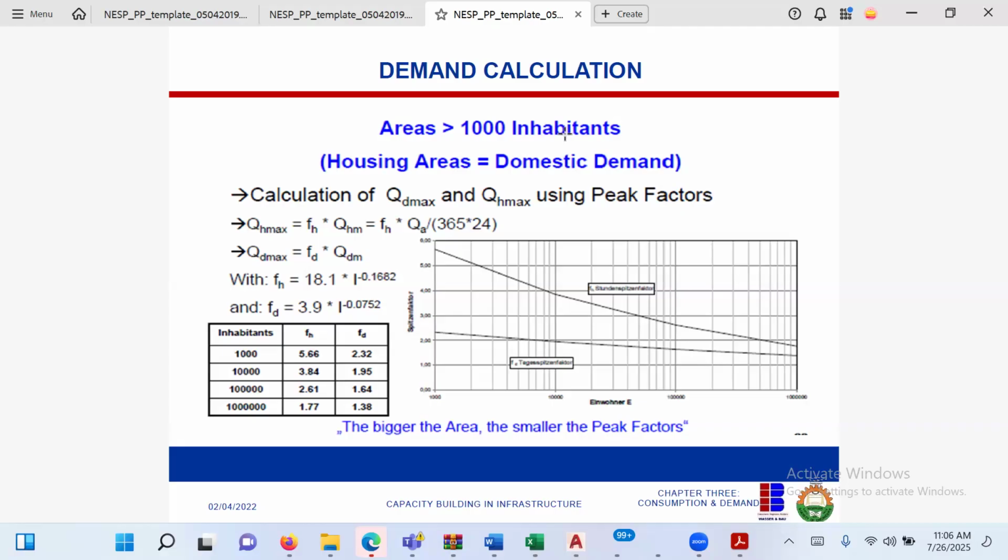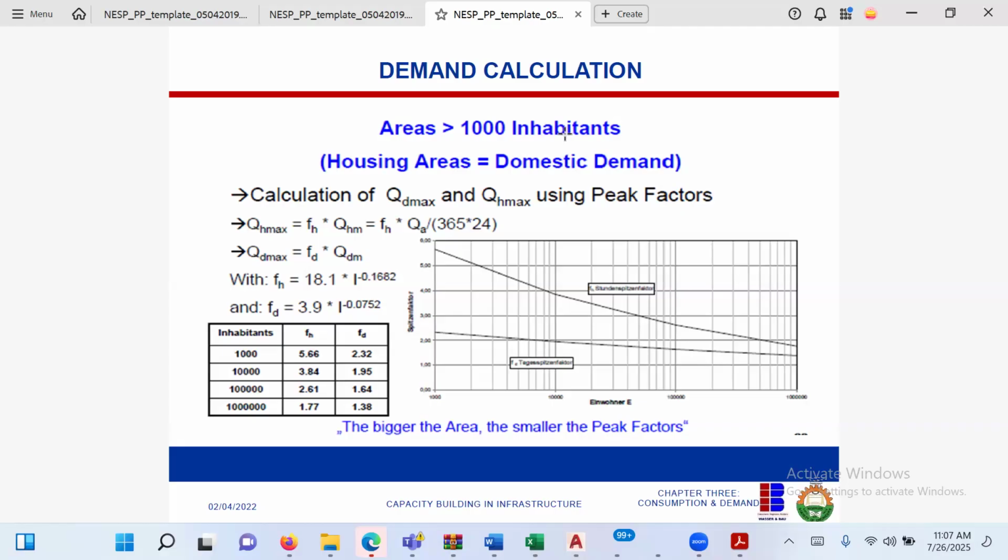So when they designed Abuja for 1 million inhabitants, because they foresaw that the city was going to grow very fast, they used a safety factor of 2.3. Because in water engineering, a lot of us know, after you have gotten your design value, you must multiply it with a safety factor.